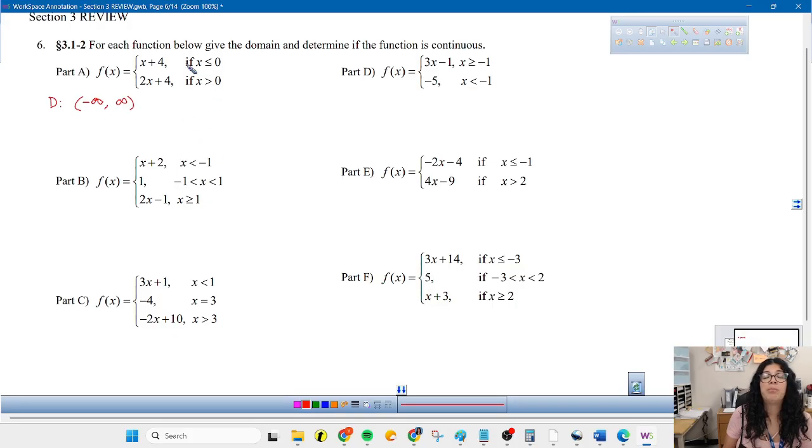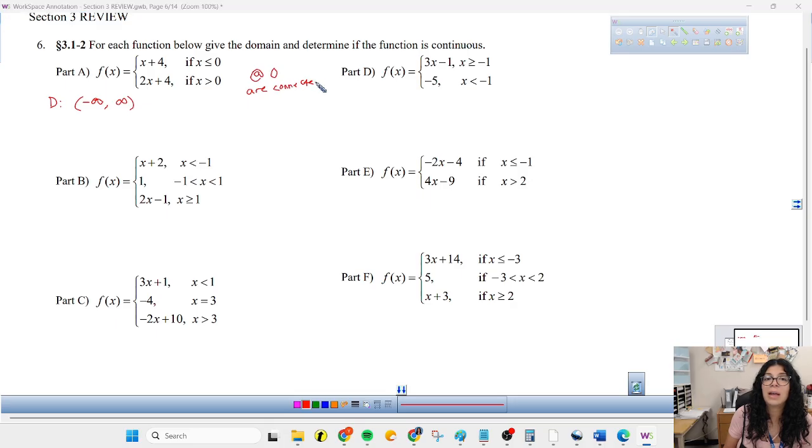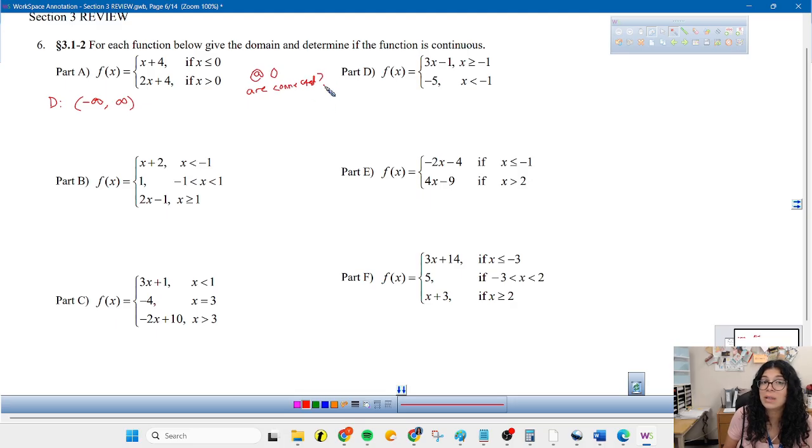Okay, now the question is, is it continuous? For the continuous part, we want to go ahead and determine at the potential breaking point, which in this case is, like, I'm using this one line up to 0, but then I switch to a different line at that 0. So the question is, at 0, are they connected? Because if they are connected, then yes, they are continuous. But if they're not connected, they are not continuous.